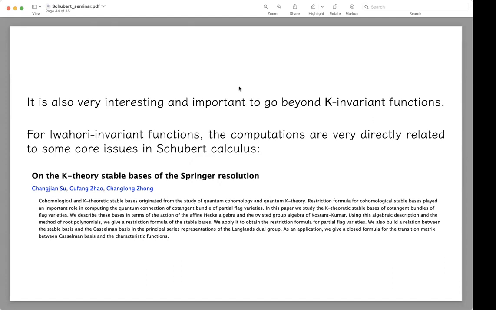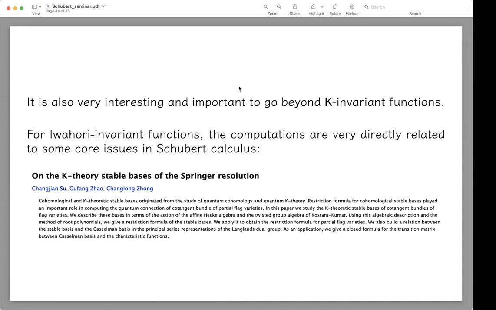And then you get directly to issues which have already been studied in Schubert calculus. It's one example, one paper in which the corresponding ramification of that theory has already been studied. So in other words, on top of that stack you have some Schubert calculus.